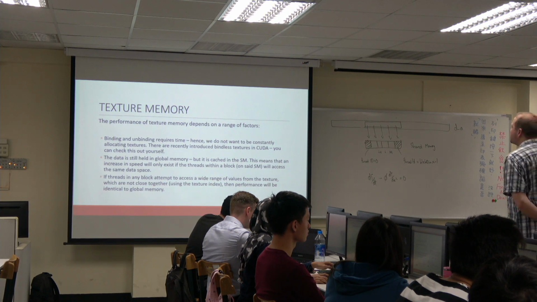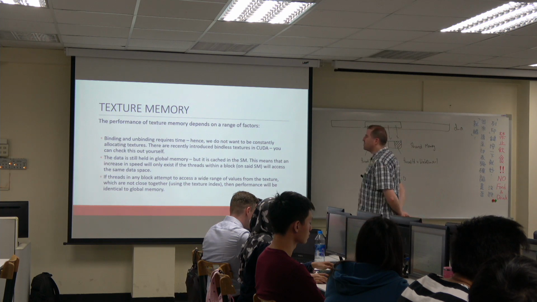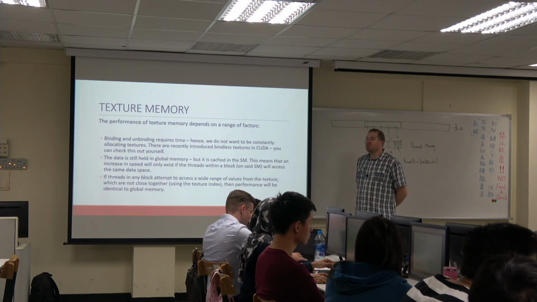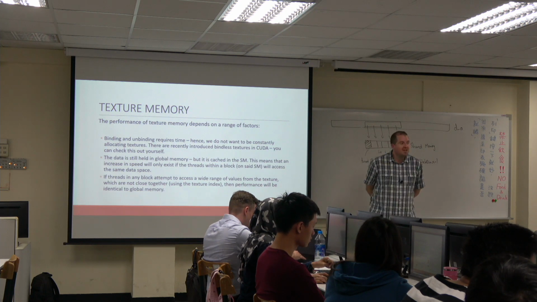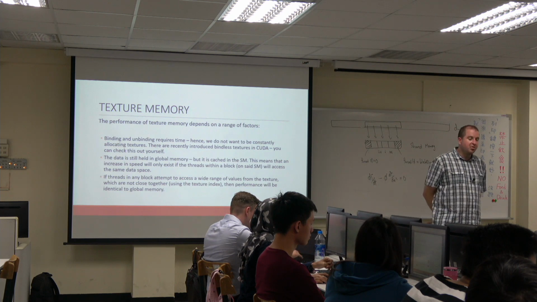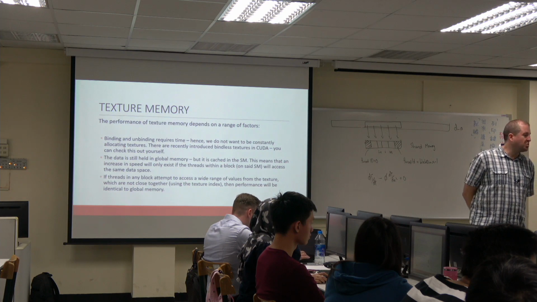The performance of texture memory depends on a range of factors. Binding and unbinding is not free, so it does take time. Data is still held in global memory, but it is cached, which means, basically, the threads need to be able to predict which sections of global memory they want to access.